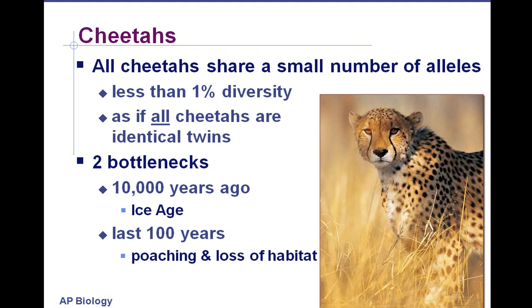So that's not good. And also with inbreeding, when you have too much inbreeding, you end up having a lot of negative alleles as a result of mutations found in the offspring. So there's a lot more birth defects in an inbreeding population.